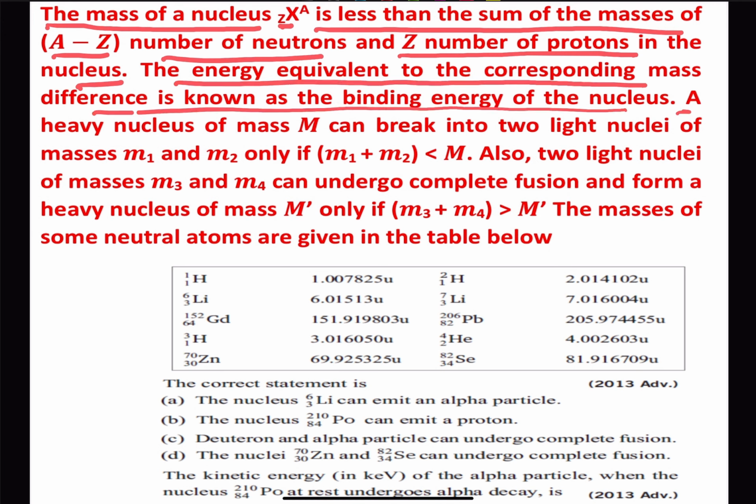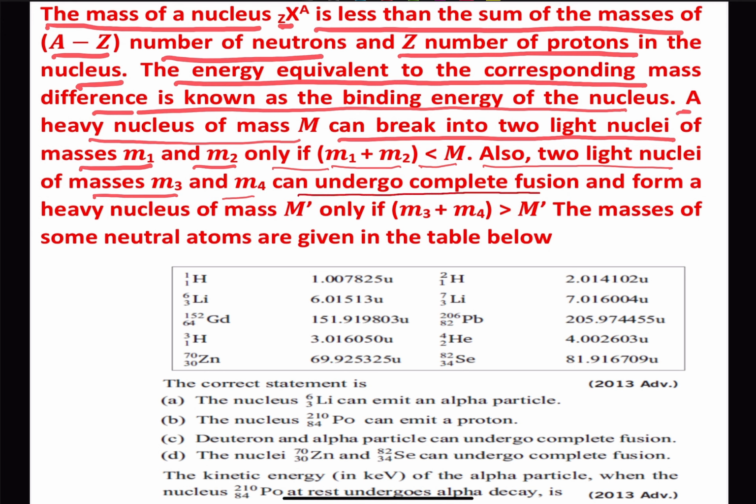The heavy nucleus of mass M can break into two light nuclei of masses m1 and m2 only if m1 plus m2 is less than capital M. Also, two light nuclei of masses m2 and m3 can undergo complete fusion and form a heavy nucleus of m prime only if m1 plus m4 is greater than m prime.